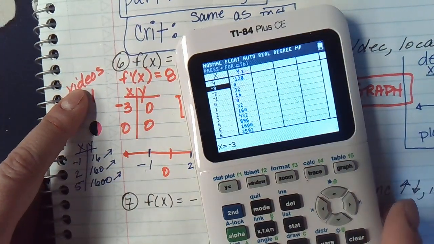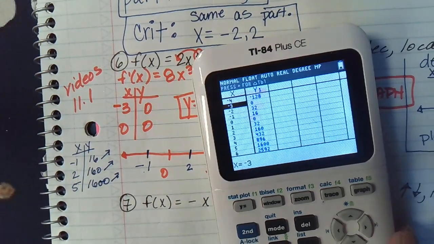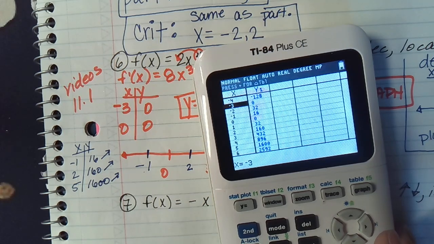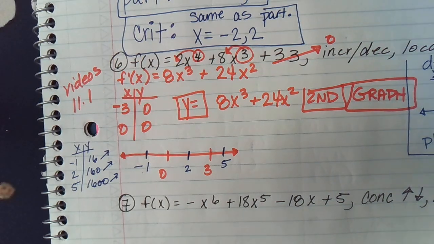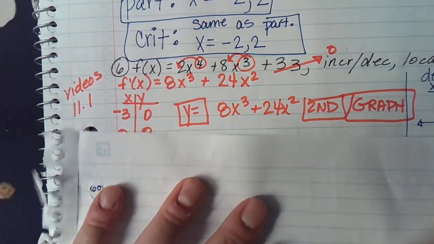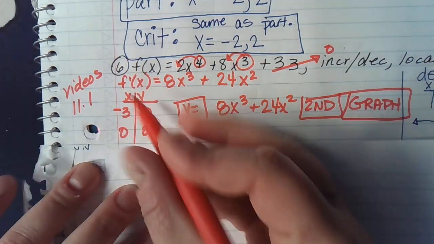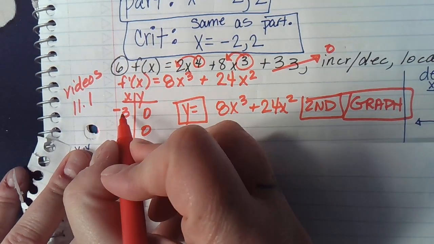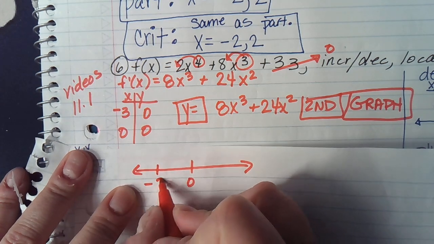Oh my god. Oh, no, no, no. I drew my number line wrong. Goshly. Okay, let's redraw my number line. I got 0 and -3. Gosh, why didn't y'all tell me?